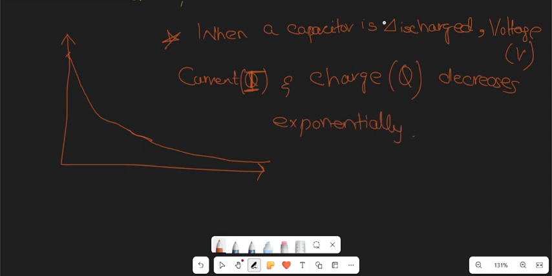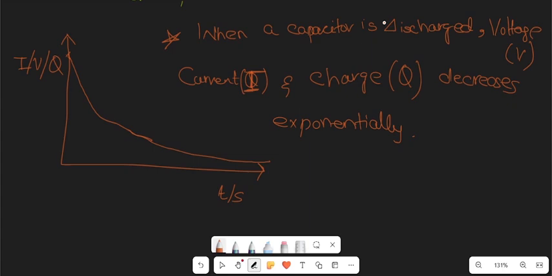But the capacitance remains the same. So here, what is decreasing exponentially? Against time. What is decreasing exponentially? I or V or Q. Any of these things, they start decreasing exponentially when the capacitor is discharged.